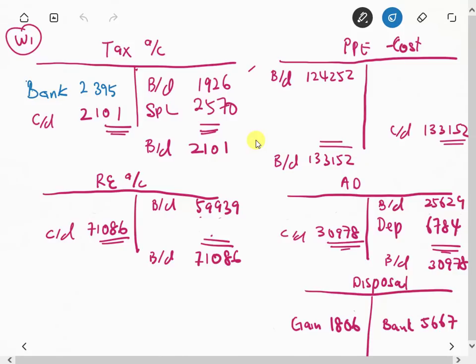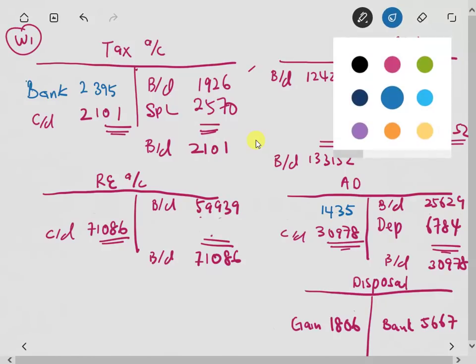Accumulated depreciation. 1435. Okay. Where will this go to?